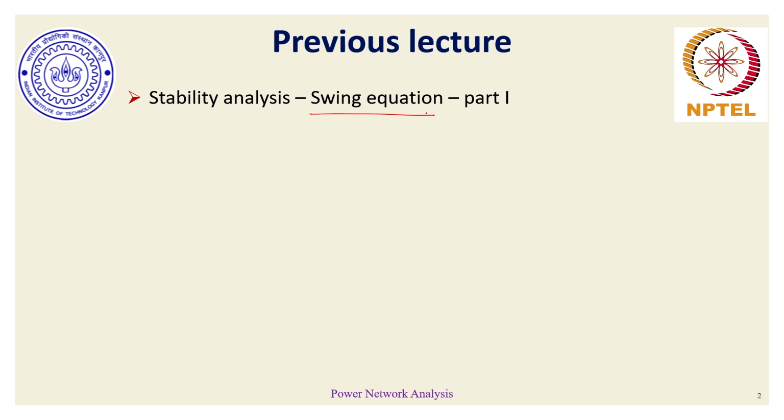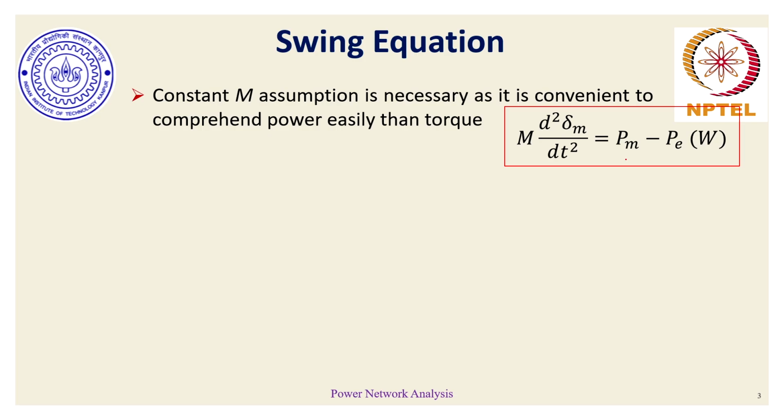What we understood in the previous lecture was that in every synchronous machine, the rotor rotates at synchronous speed under steady state condition, during which the input mechanical power and electrical output power match and balance each other, assuming the losses to be negligible.